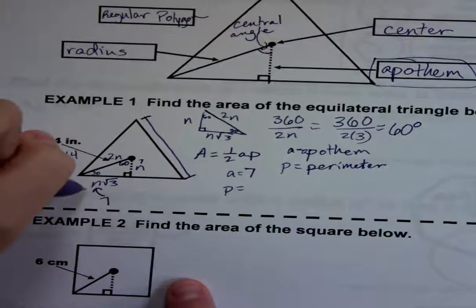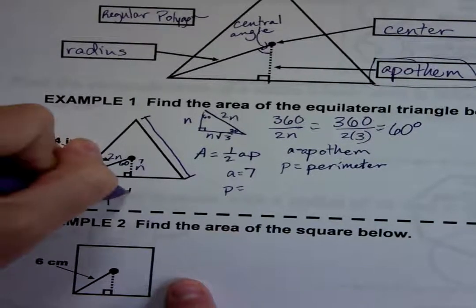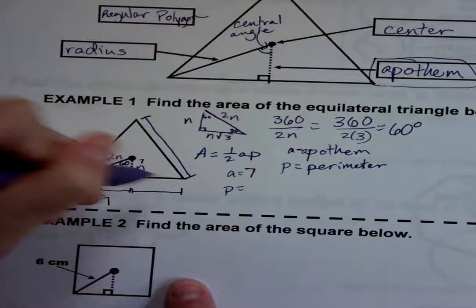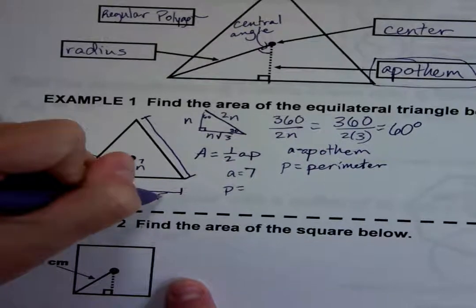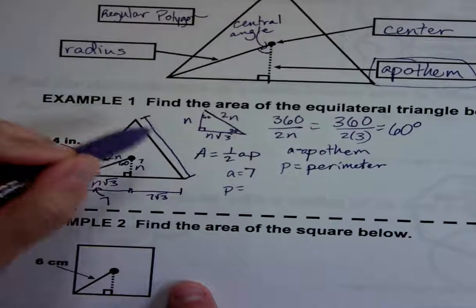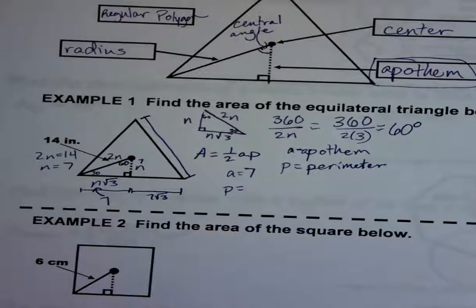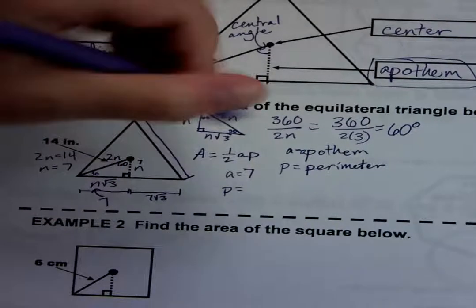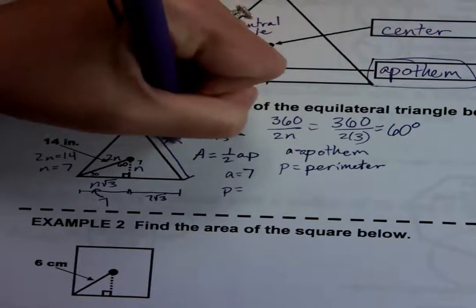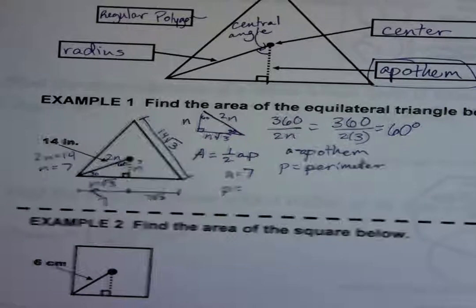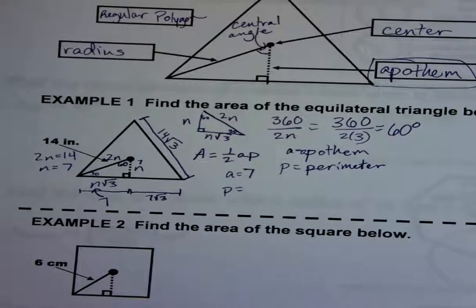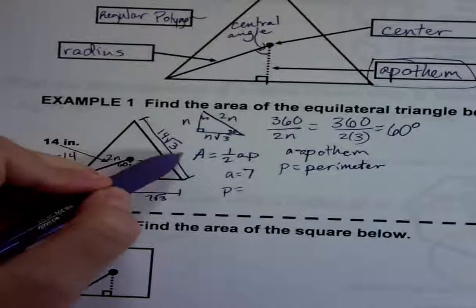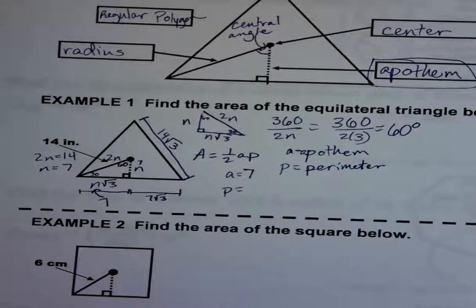So if just from here to here is 7 root 3, and here to here is 7 root 3, we've got to figure out what the whole side of that shape is. Here's what you need to make sure you do. You need to multiply 7 root 3 times 2, so it becomes 14 root 3. Do not make that 14 root 6, don't make it 14 root 9, don't do anything crazy. 14 root 3, you are only going to change the whole number.